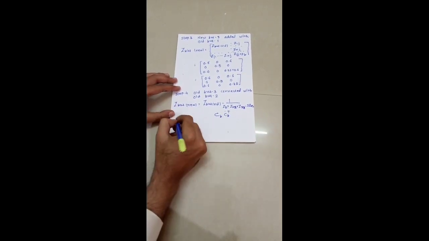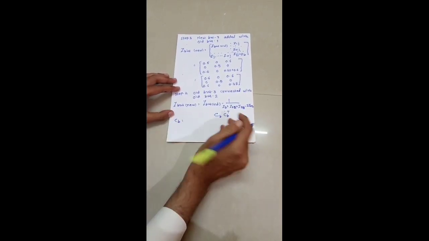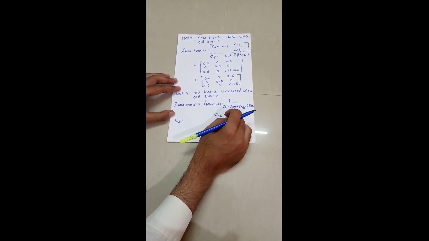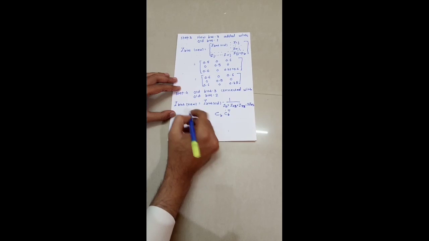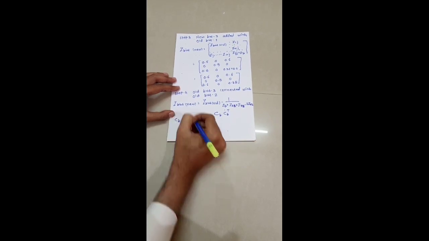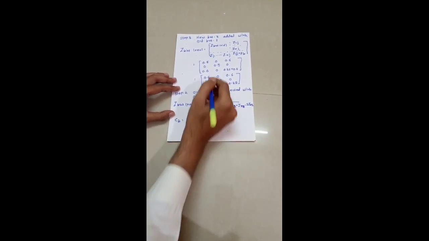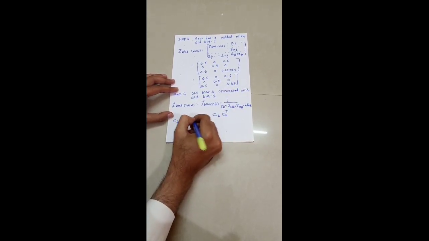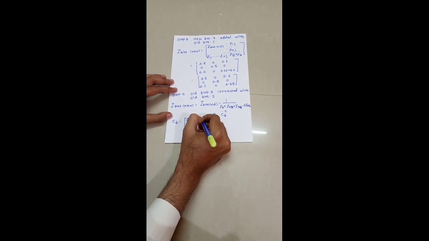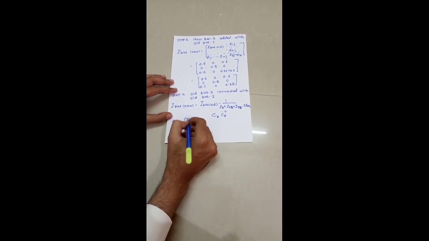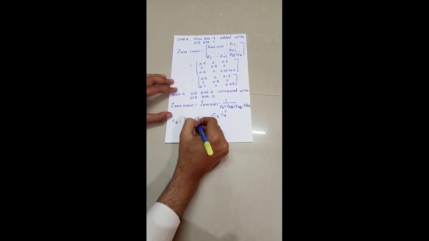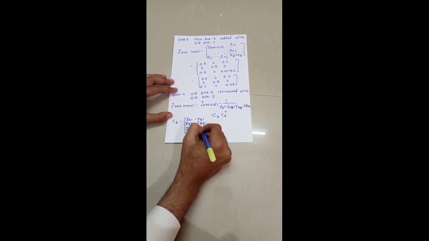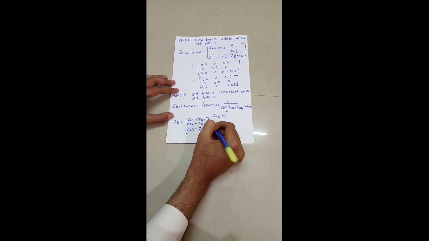And what is CB? CB is the impedance difference between bus number 2 and bus number 3. So CB is equal to Z21 minus Z31, Z22 minus Z32, Z23 minus Z33.